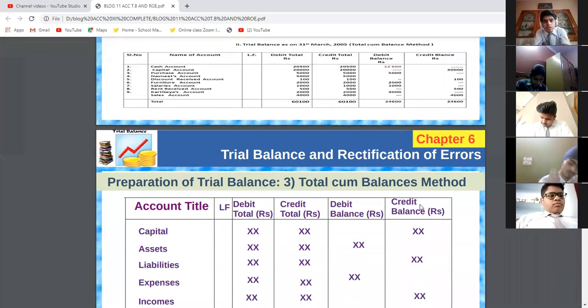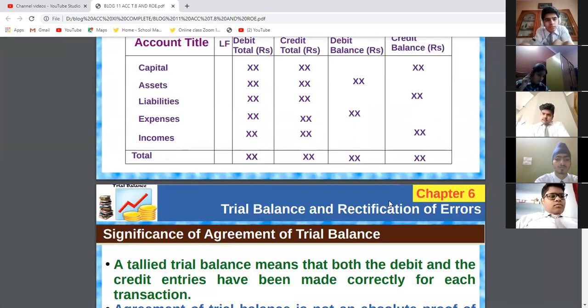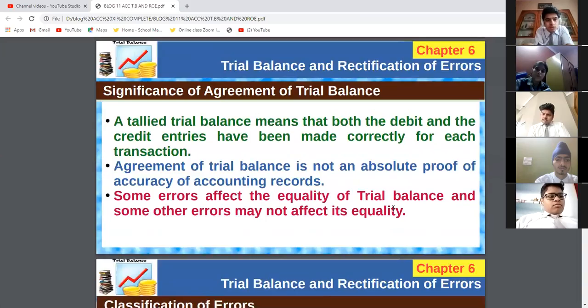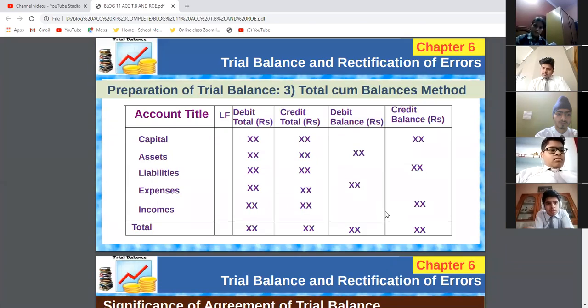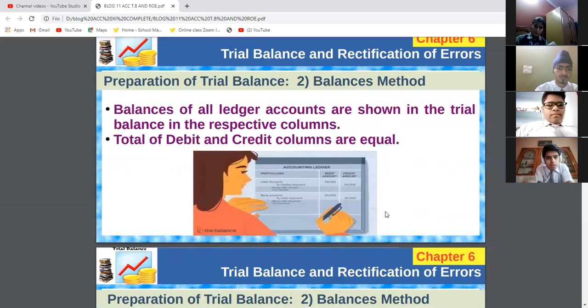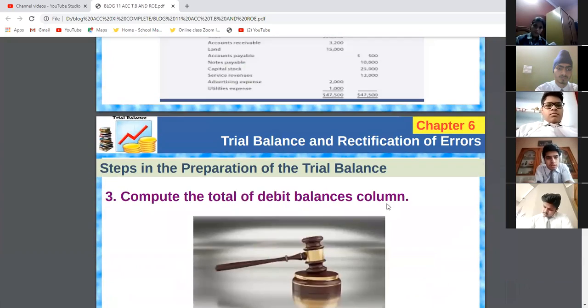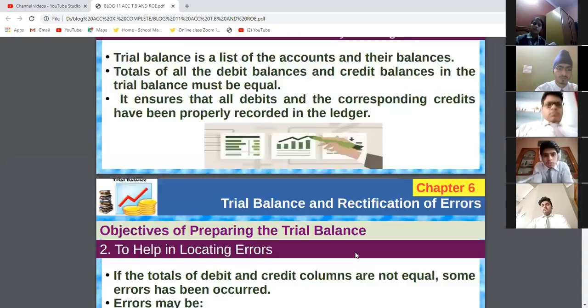This way, 4 columns: totals given, balances given. But in your course for class 11, only the balance method is in your course.